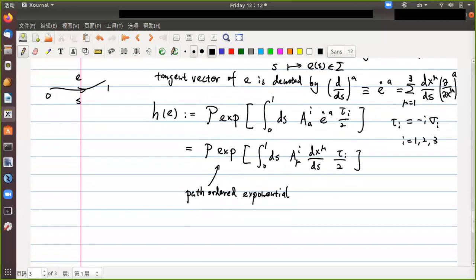If you have learned a little bit about quantum field theory, you have seen this path-ordered exponential already.